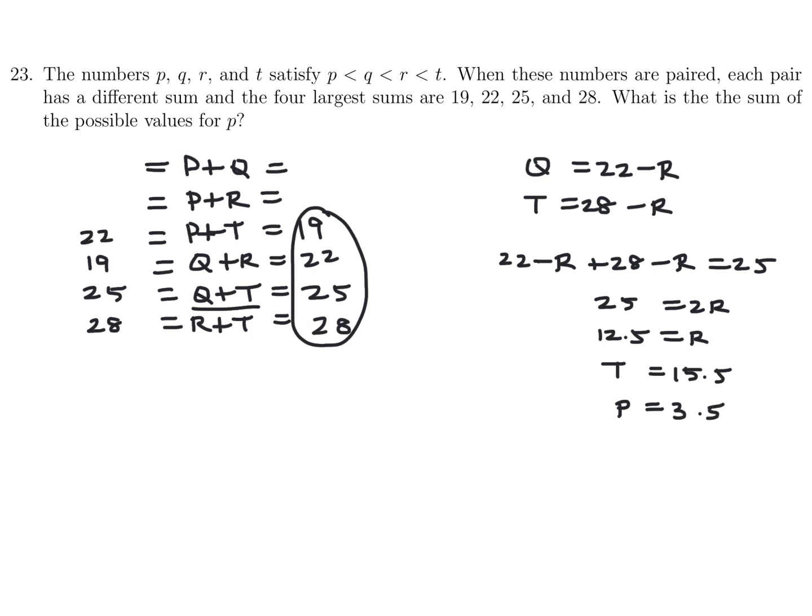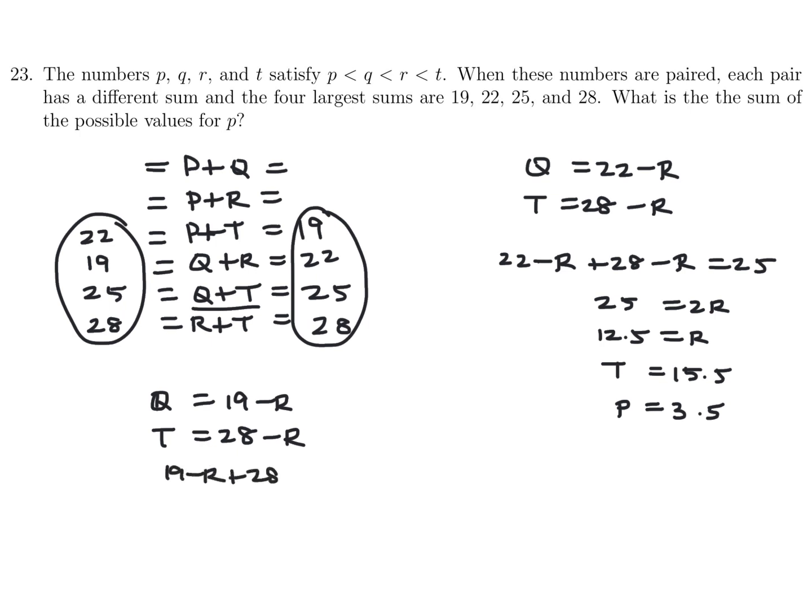Okay, and then do the same kind of thing with these numbers. That would give you again Q is equal to 19 minus R, T is equal to 28 minus R, and then Q plus T is 25, so that means 19 minus R plus 28 minus R is 25. So therefore we've got 22 is equal to 2R, and therefore R is equal to 11.